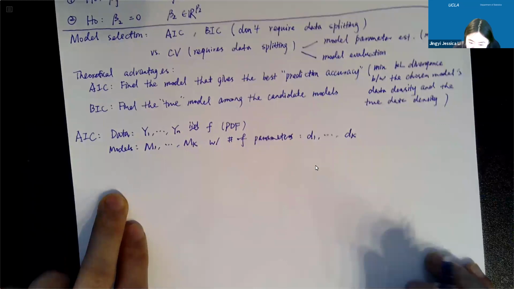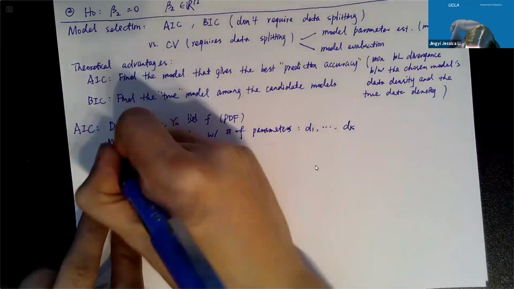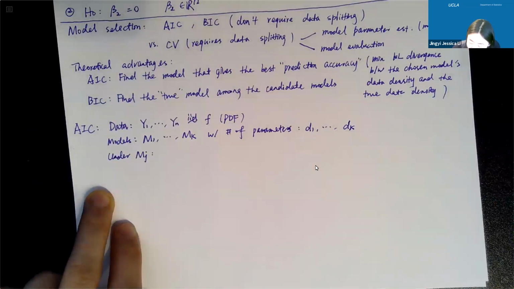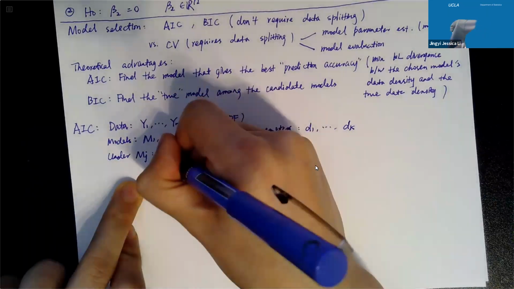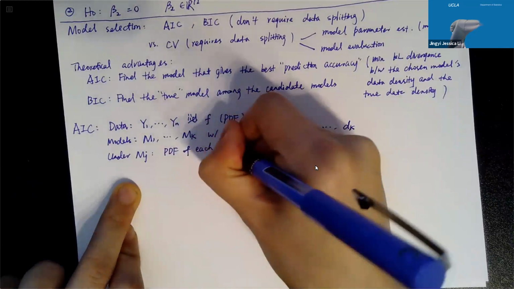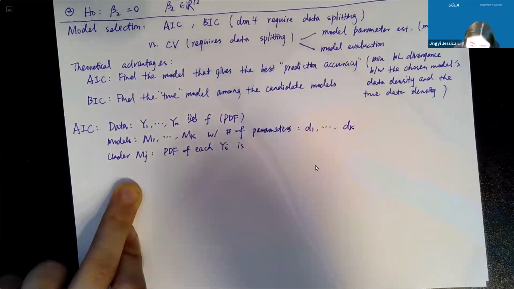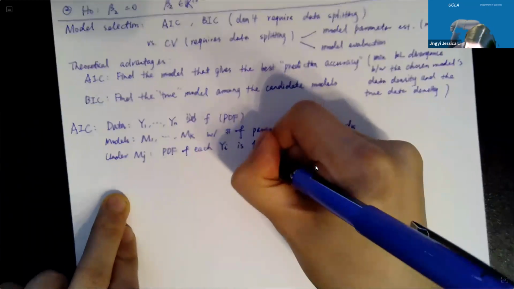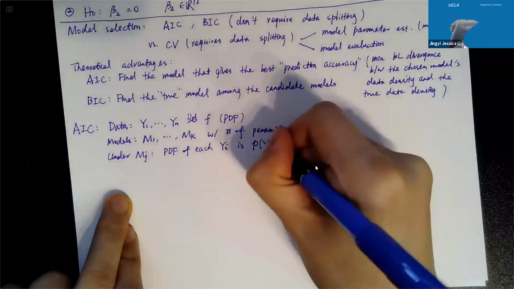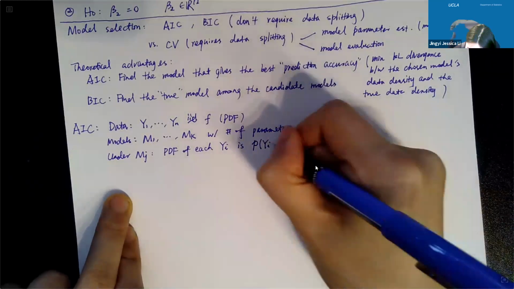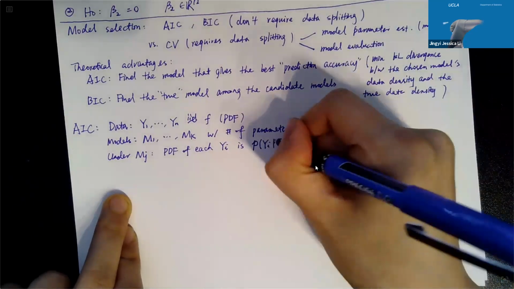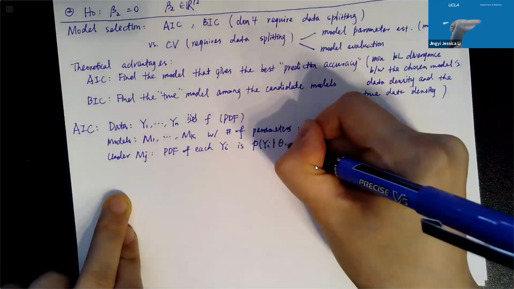Therefore, specifically under model J, the PDF of each yi we write as p, with yi as the argument, under the parameter, which I'm going to denote theta j.